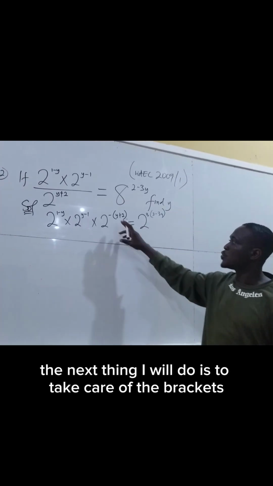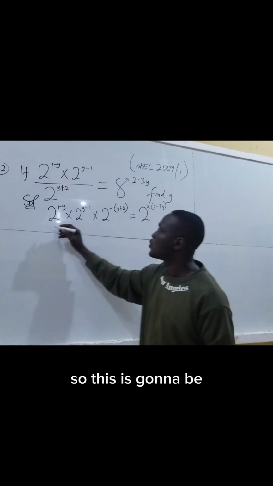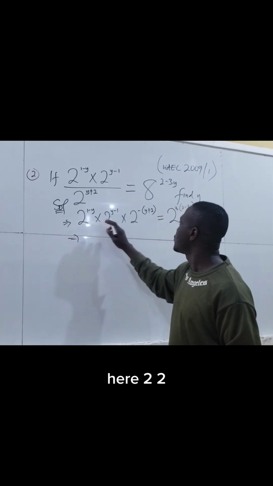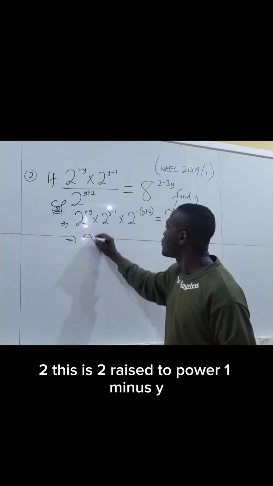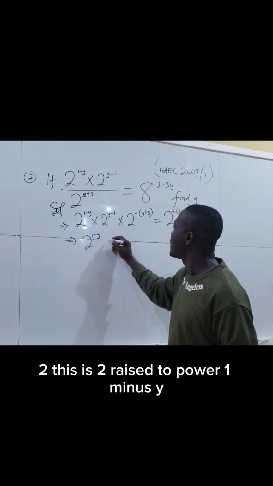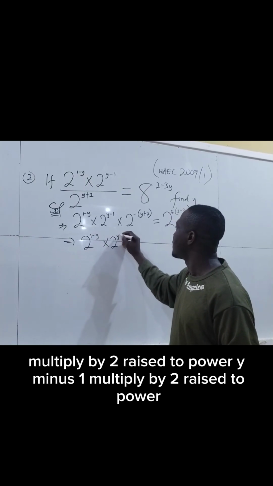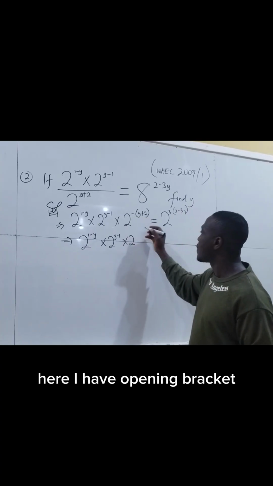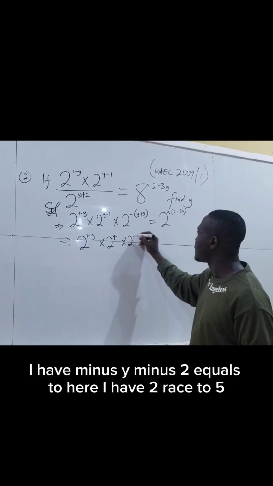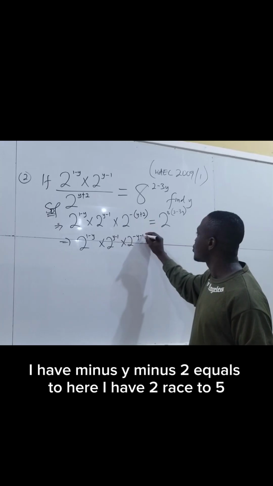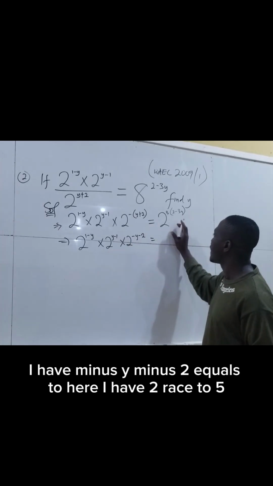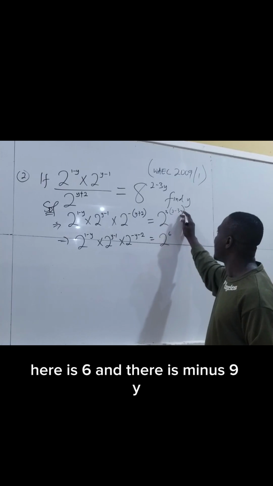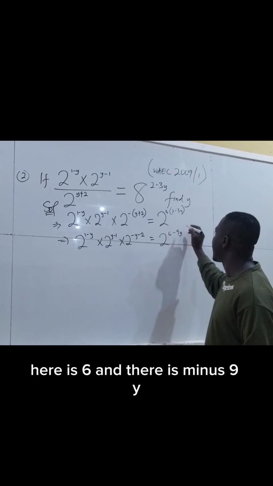The next thing I will do is to take care of the brackets. Here 2, 2, 2: 2 raised to power 1 minus y multiplied by 2 raised to power y minus 1 multiplied by 2 raised to power, opening bracket, minus y minus 2, equals 2 raised to power 6 minus 9y.